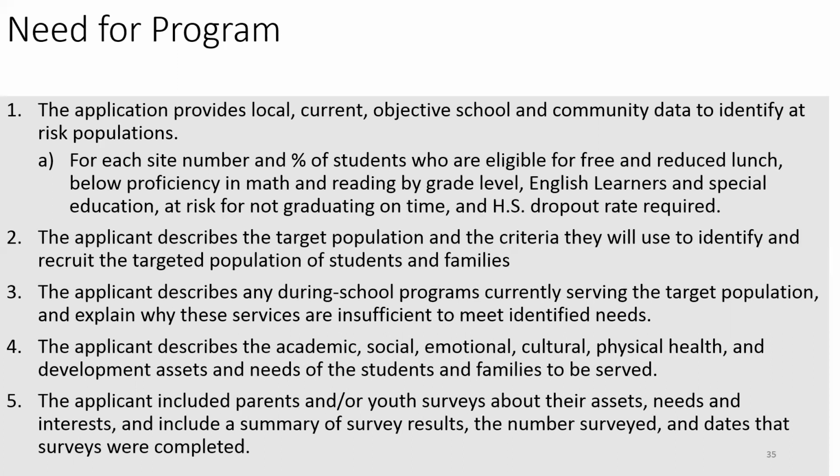The applicant describes the target population and criteria used to identify and recruit the target population of students and families. This is a really critical piece. Think about it this way: there's a larger pool of students in your community that makes you eligible to apply, but you will probably never be able to serve all of those students.